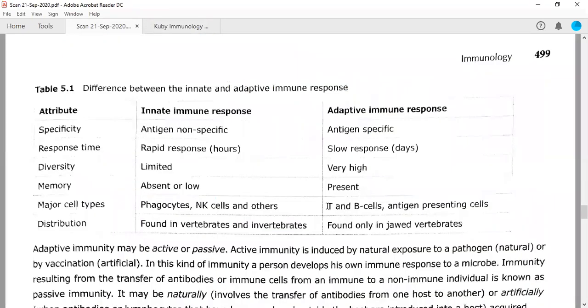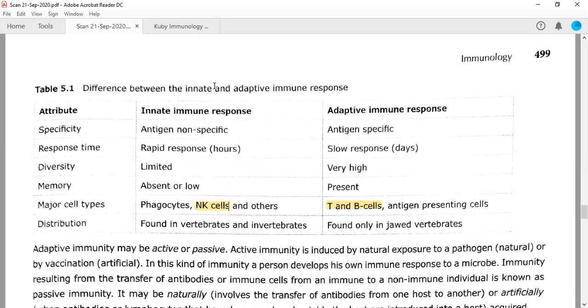The reason is there are three types of cells: B cells, T cells, and natural killer cells. Out of three, two are present in the adaptive immune responses. Only natural killer cells are part of the innate immune response.